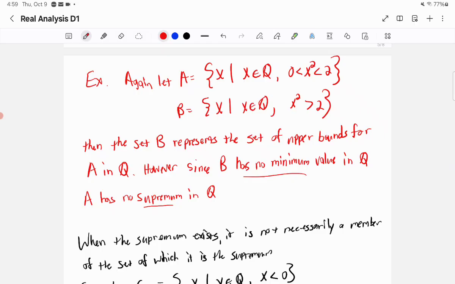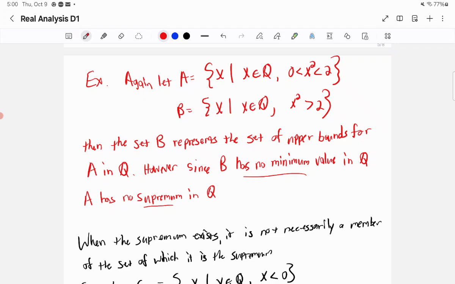So it is possible that the supremum does not exist, or the infimum does not exist, in the set, right? We can have a set where the supremum does not exist or the infimum does not exist.